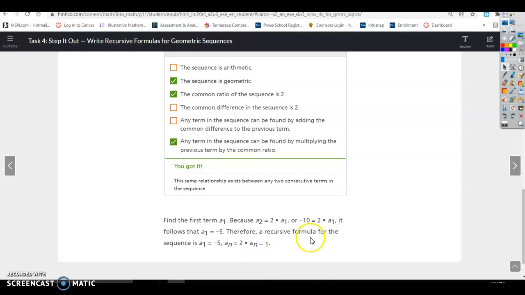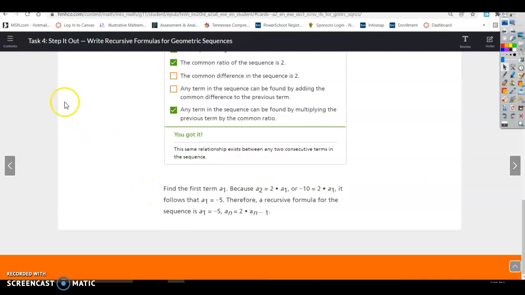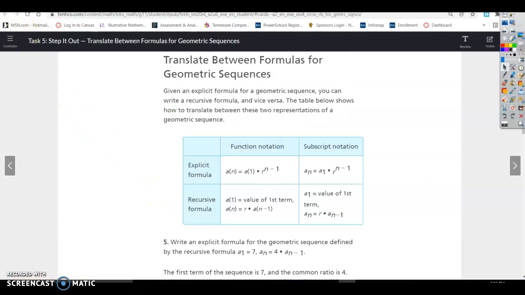Therefore, a recursive formula for the sequence is a sub 1 equals -5. Remember, for a recursive formula, you have to have your first term. And then your general formula is a sub n equals 2 times a sub n minus 1, or your previous term. All right, that's all for task 4. If you have any questions, let me know.